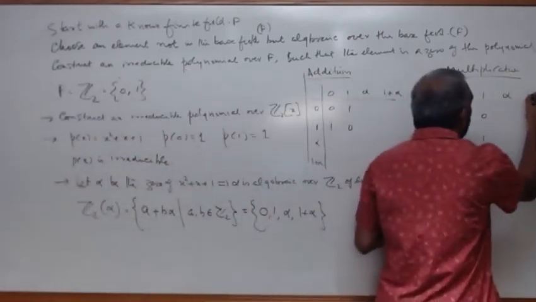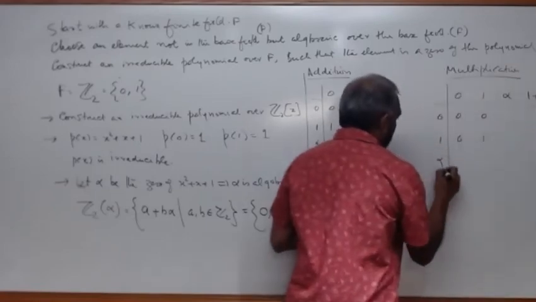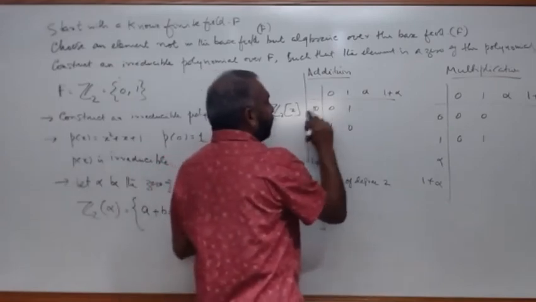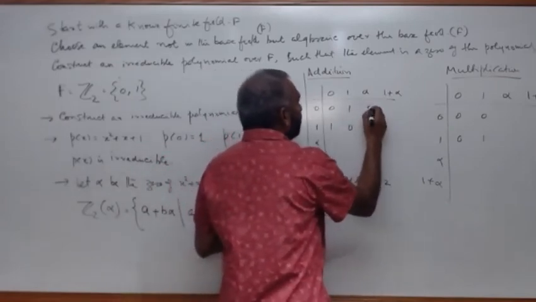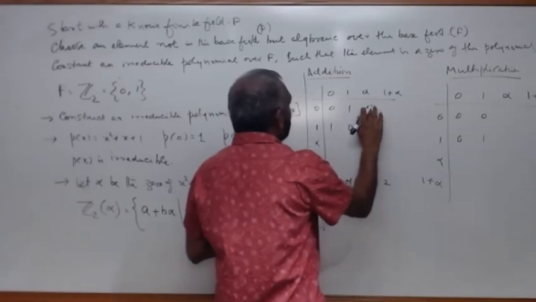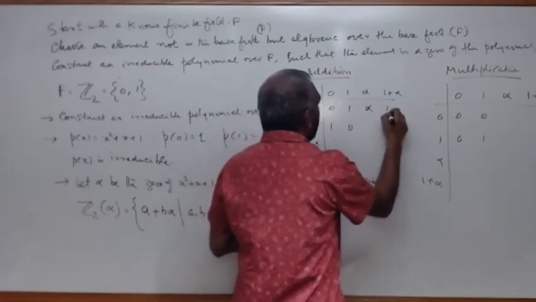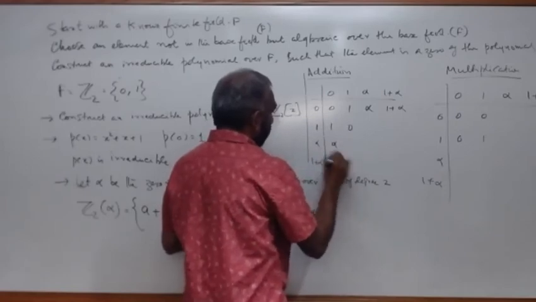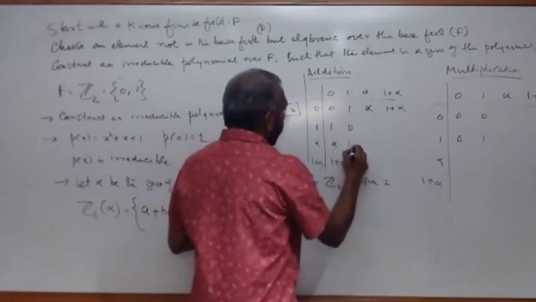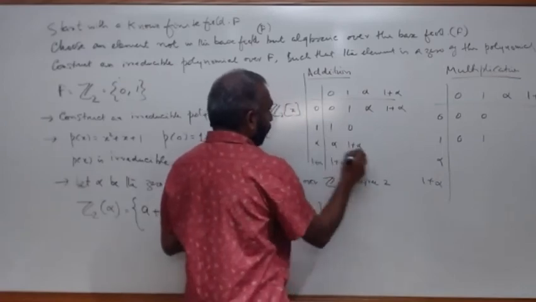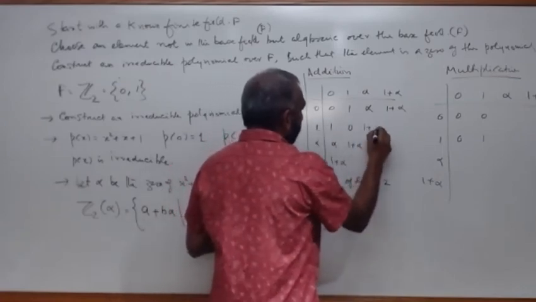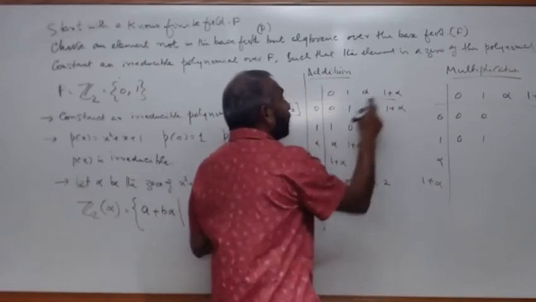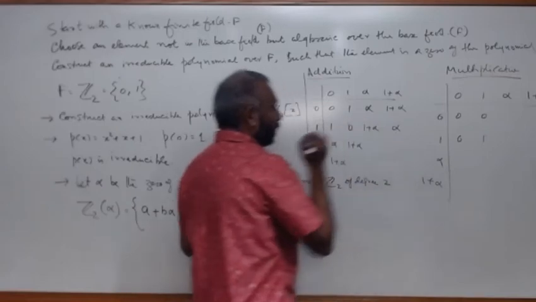Same here, for how to multiply. So definitely 0 is the additive identity. So this row is going to be alpha, 1 plus alpha. Alpha plus 1 is 1 plus alpha. Alpha plus 1 plus alpha is 1 plus alpha. 1 plus 1 plus alpha is actually 2 plus alpha, but 2 is 0.